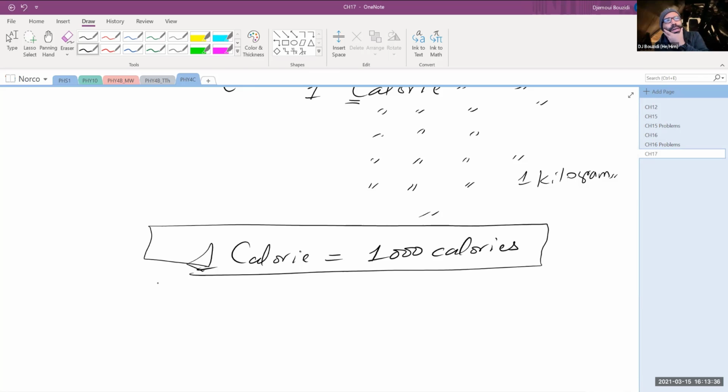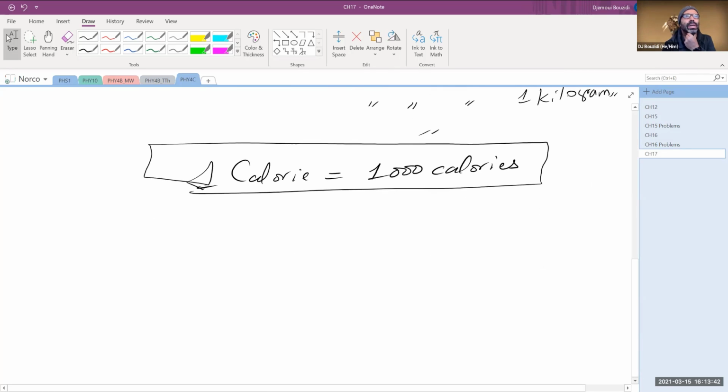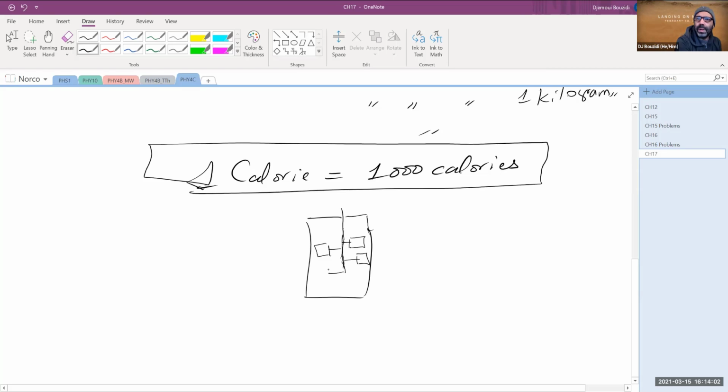Until Mr. Joule did an experiment, and in his experiment, he basically proved without a shadow of a doubt that heat is actually energy. So what he did was he had this container of water, where he ran an axle in here that is connected to flaps in here that can spin.